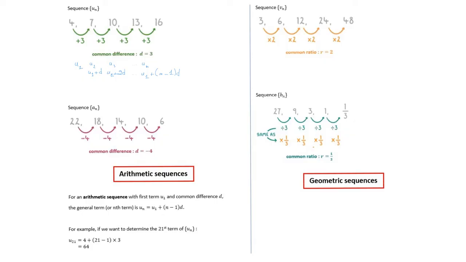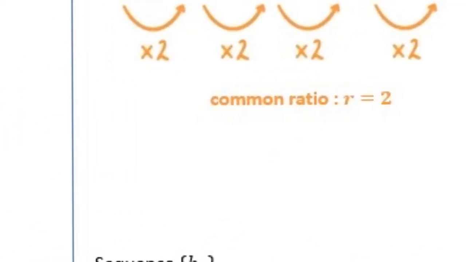Let's have a look at what the general term of such a sequence could look like. So it starts with V1. To get V2, we multiply V1 by the common ratio r. So V2 is equal to V1 times r.